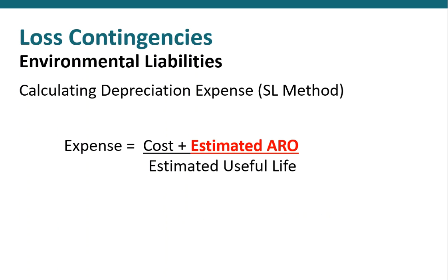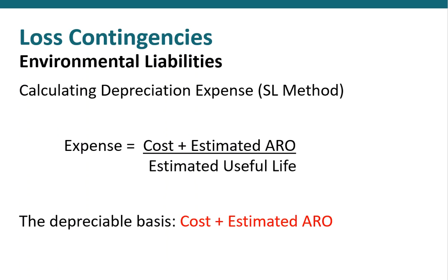Well, in that case, we want to take the asset's initial cost and add to it the estimated asset retirement obligation, and we're going to want to spread that cost, which is a depreciable basis, over the asset's estimated useful life.